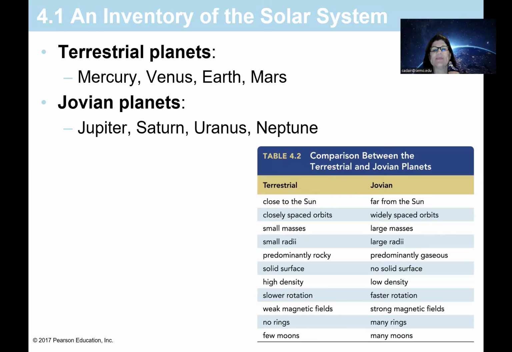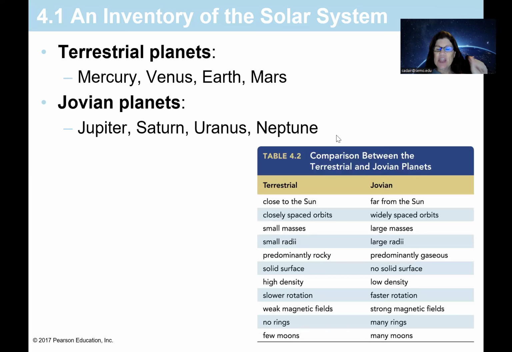Okay. So here's a comparison between the two different types of planets. When we have done studies of exoplanets, which are planets around other stars, there are some unique types of planets that we do not have represented in our solar system.